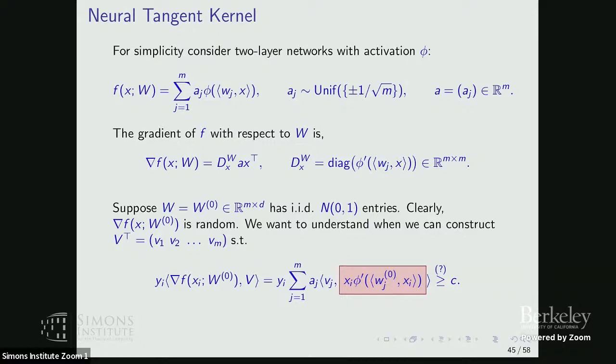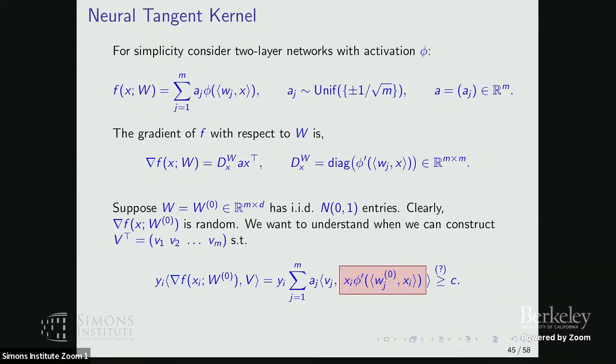Again, we'll just be considering IID standard Gaussian entries. In this setting the gradient is random because the diagonal matrix is random. It has phi primes of different wj.x's.